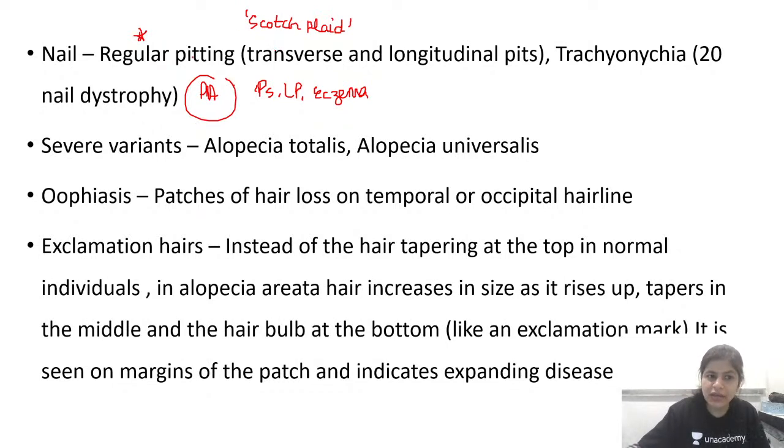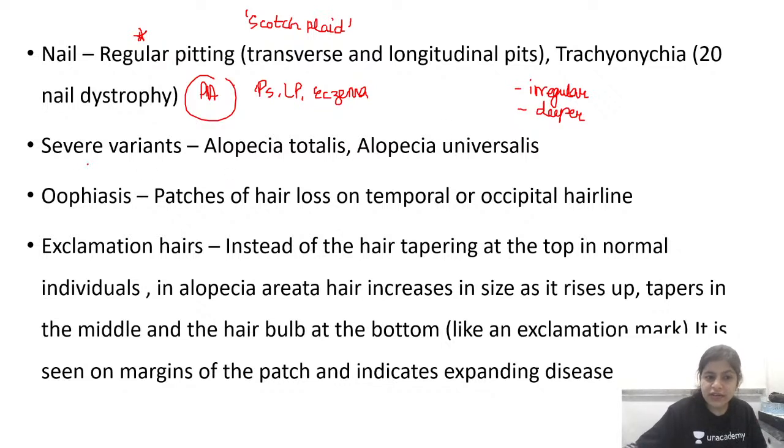While in patients with psoriasis of the nails, the pits are typically irregular. They are not arranged horizontally and longitudinally. They are irregular and deeper pits as compared to alopecia areata. So irregular deeper pits are seen in patients with psoriasis.